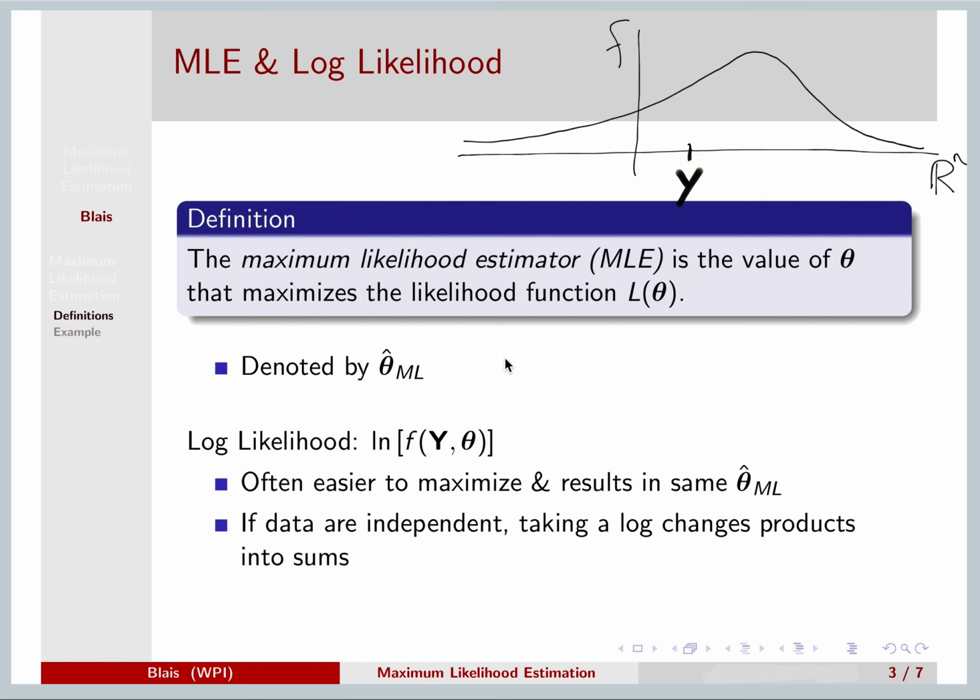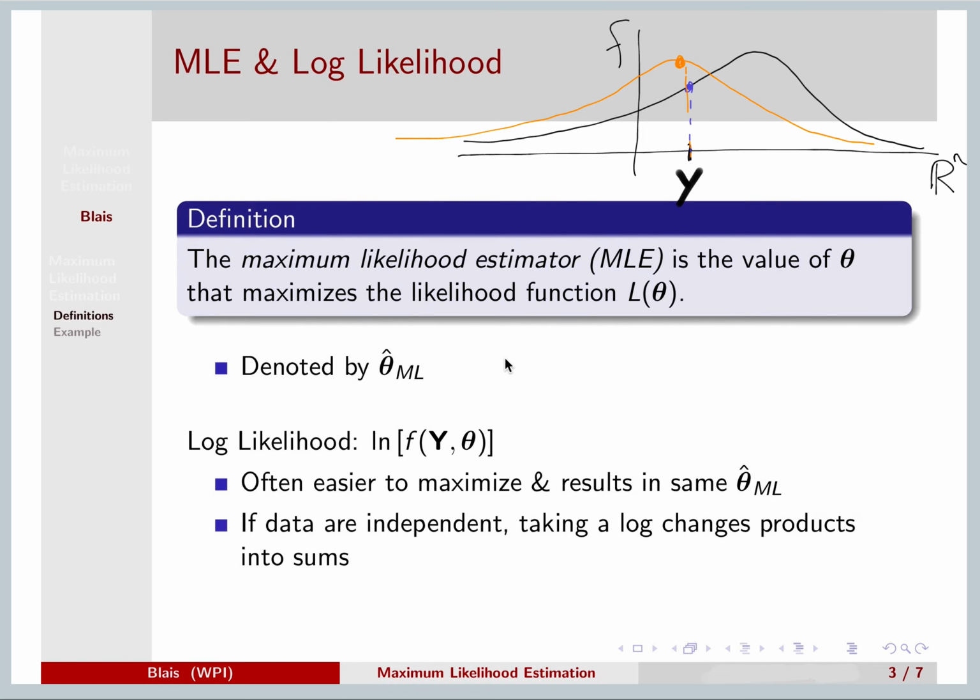Now, in this version, that doesn't look maximal. We have a peak of the distribution over here. So what we want to do is change the parameters so that we get that maximum point happening. I didn't draw it very well, but this is where you want it.